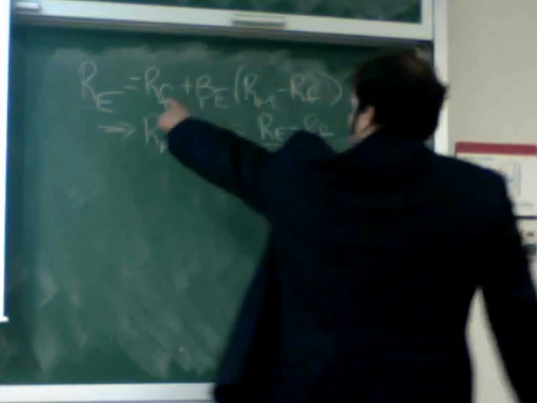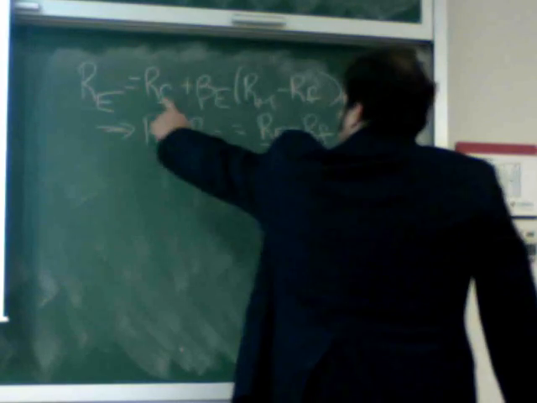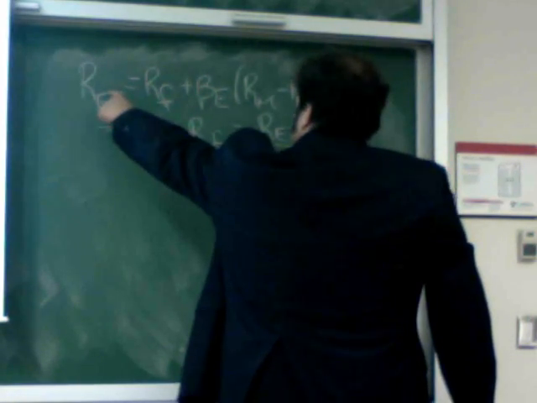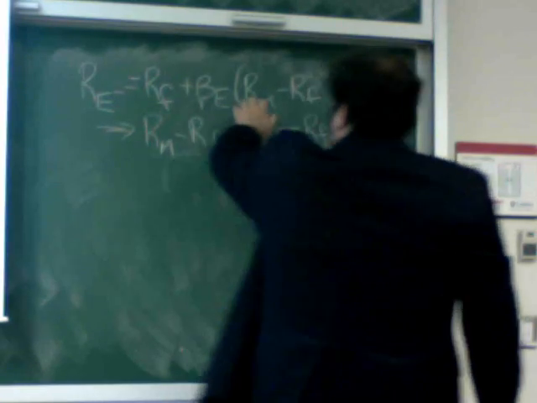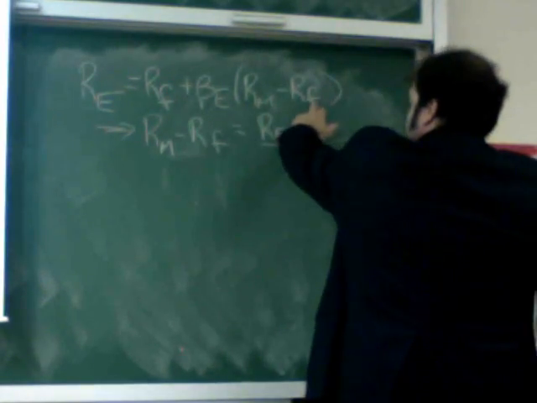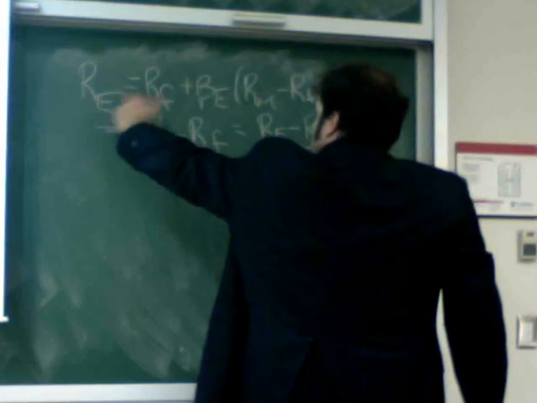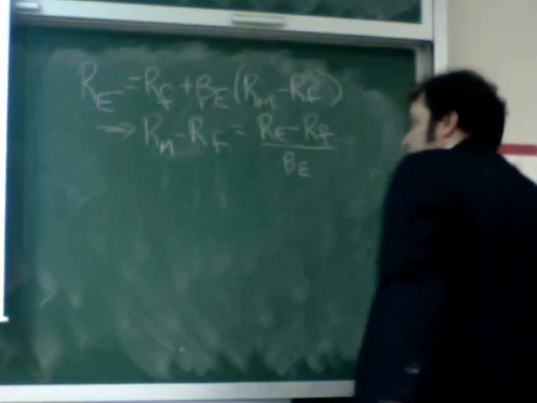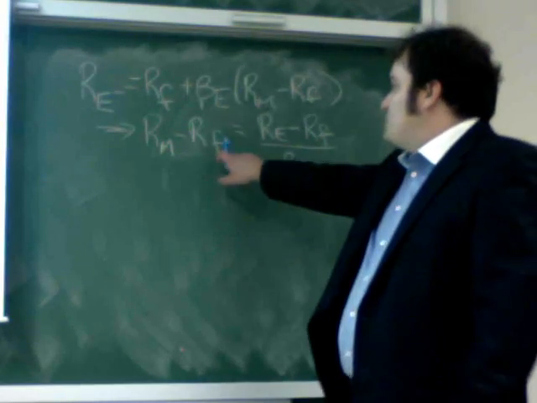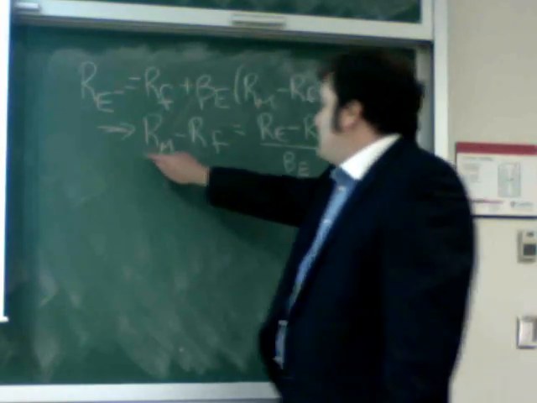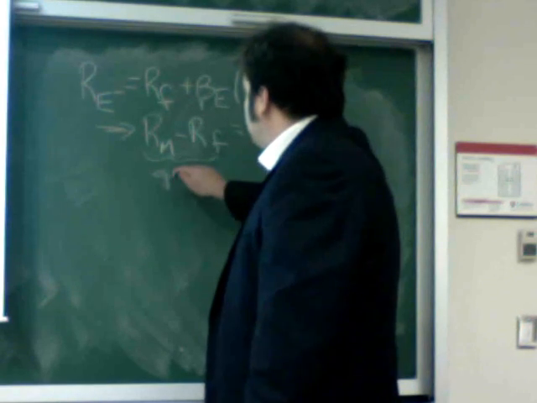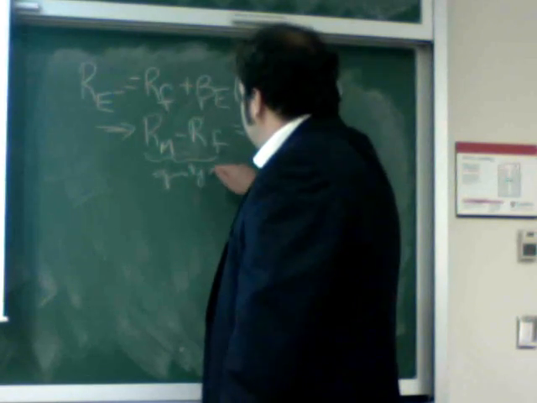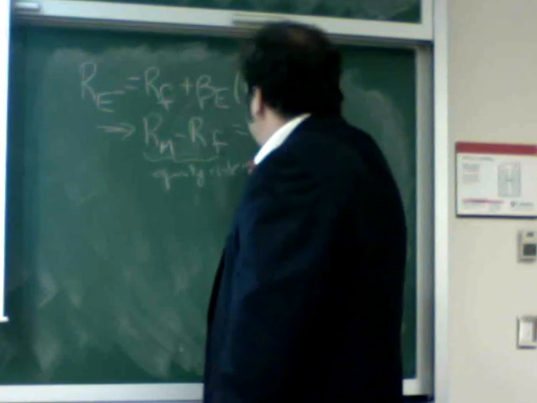All I did here is I took the RF, put it on that side, and then I divided by beta, and I was left with RM minus RF is equal to RE minus RF divided by beta. So I have an expression for what is called the equity risk premium.